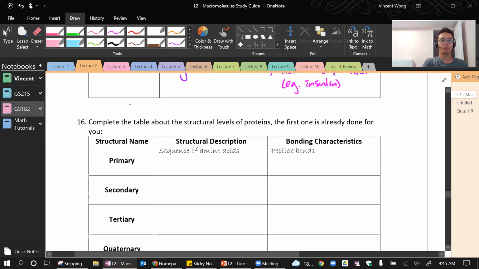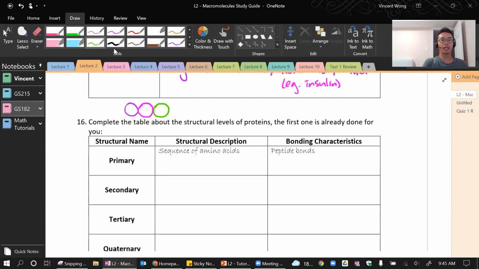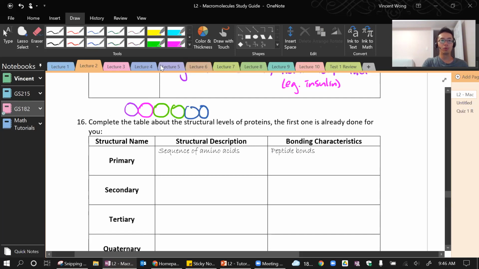If I take a purple amino acid and link it to a pink one, and then green, and then maybe another green, and then blue, red, whatever, so on and so forth. This sequence of amino acids, the order in which I link them together, is called the primary sequence.